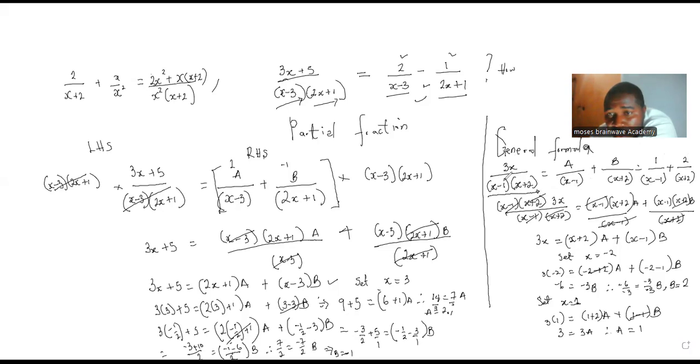So clearly you can see that technically it's very simple, especially when the denominator is just two particular terms multiplying together, and the two terms have the degree of x to be the same. If you have that, then you can use this particular method.